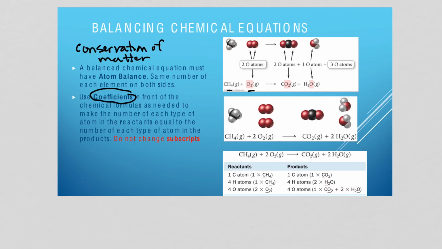These coefficients are going to tell me how many molecules of each material are reacting. So how do we approach this? Well, we look at what we have, and we try to balance it in such a way that we can do it a little bit systematically.